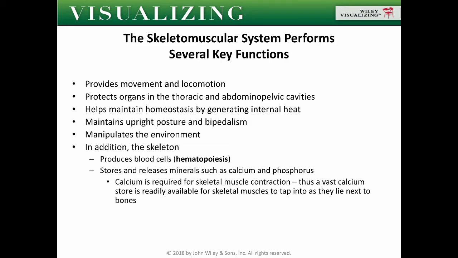In addition, the skeleton helps produce blood cells. Our red blood cells are produced in the bone marrow of our long bones. It also stores and releases minerals such as calcium and phosphorus. Our bones are healthy and strong if they are rich in calcium deposits. The bones are our calcium and phosphorus bank, our mineral bank.